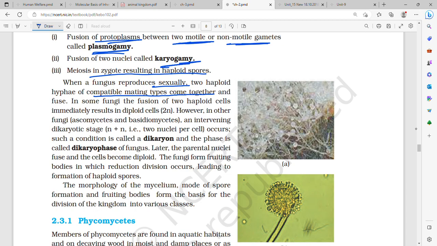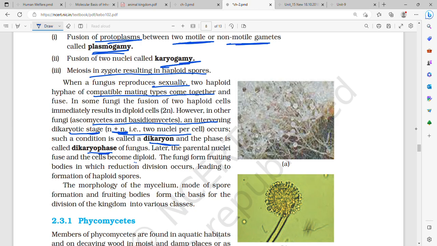However, in other fungi such as Ascomycetes and Basidiomycetes, an intervening dikaryotic stage, that is two nuclei per cell, called a dikaryon, occurs, and the phase is called dikaryophase. Later the parental nuclei fuse and become diploid.